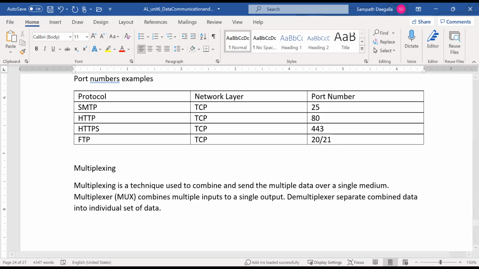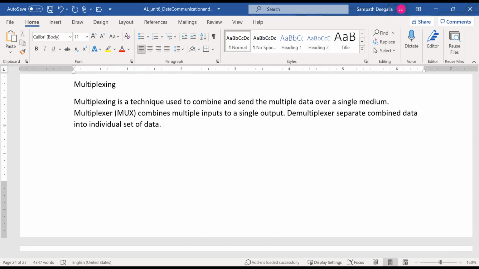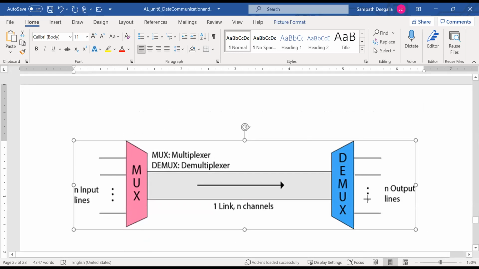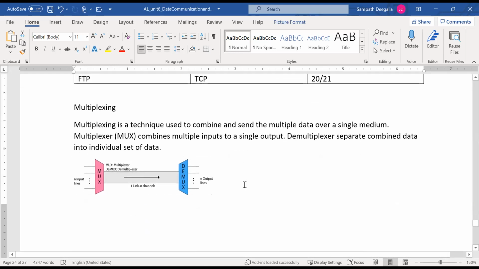So this is simply what multiplexing is. I will give you a small graph for this one. We can see we have mux and demux. So this is the idea. There are multiple lines you put into one line, and when you receive, the demux again distributes into, let's say, n lines. So you can actually use multiple signals when you use multiplexing.